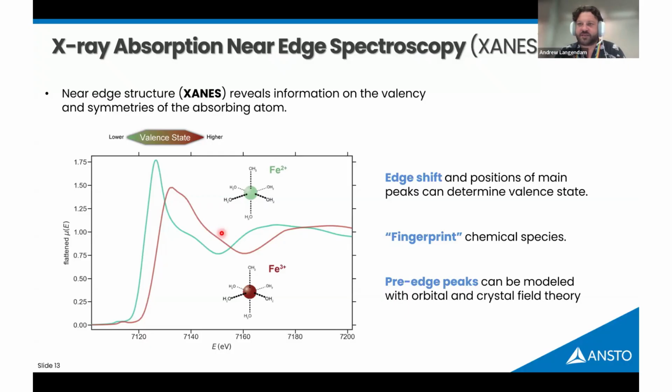In a lot of elements, this change might be a shift in, say, the white line, which is this big line here. And so you can then fingerprint different chemical species within a sample to understand how your iron or your gadolinium or whatever you want to look at is actually bound and moving around within your sample.